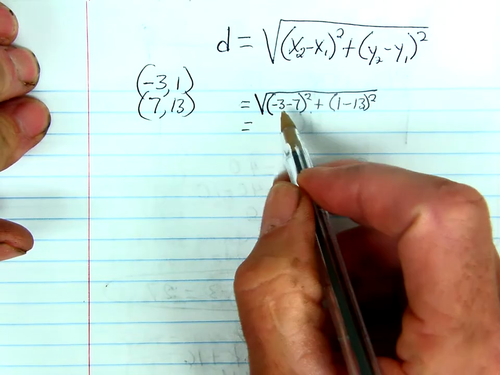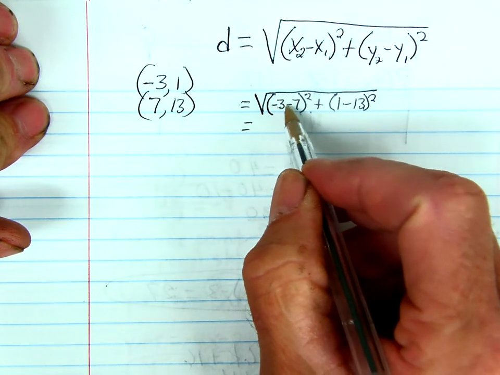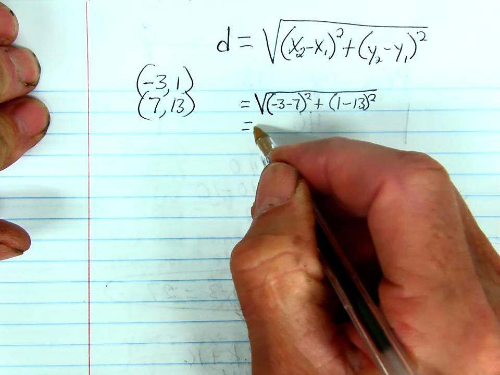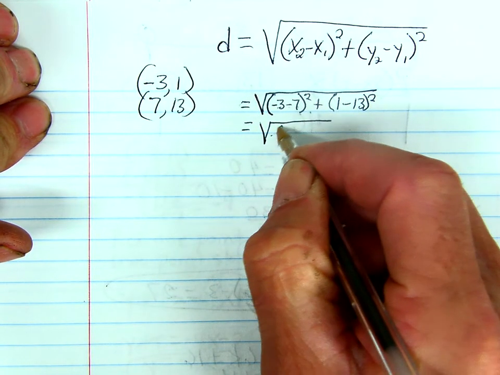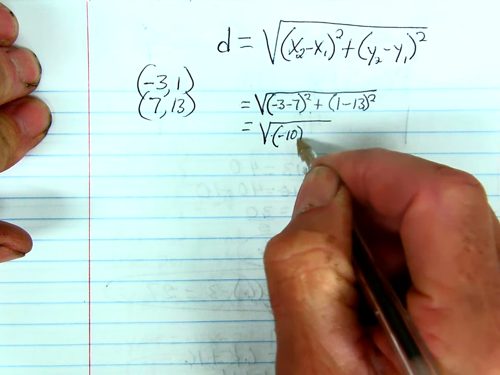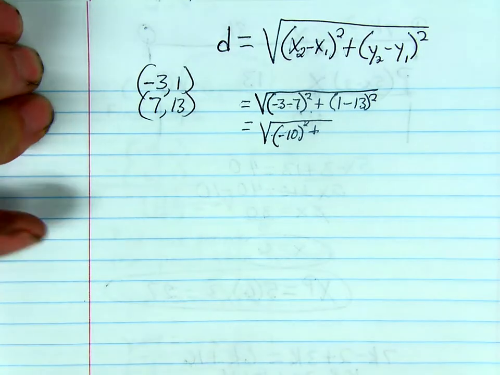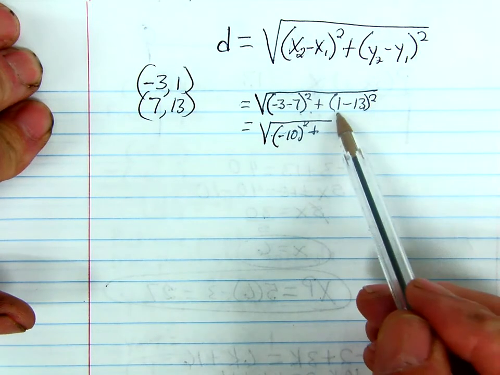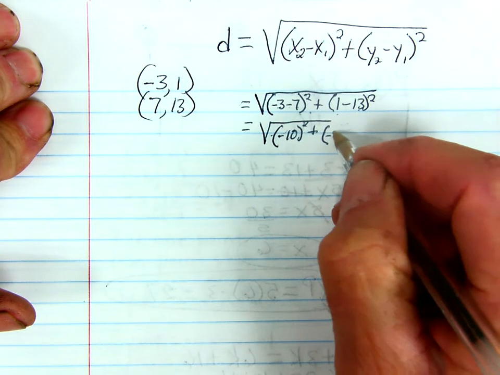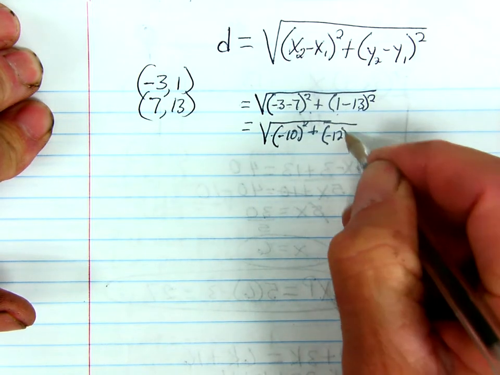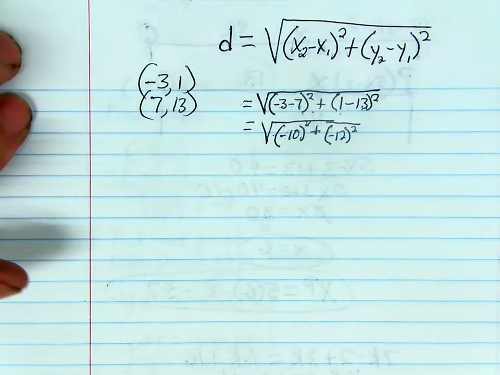And now you start just doing the math. -3 take away 7 is -10, with the square on the outside. 1 take away 13 is -12, in parentheses with the square on the outside.